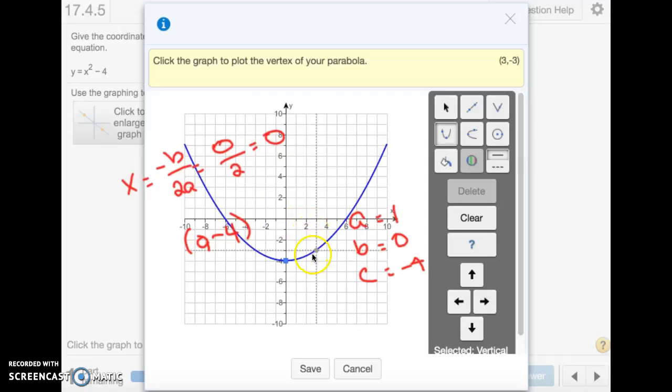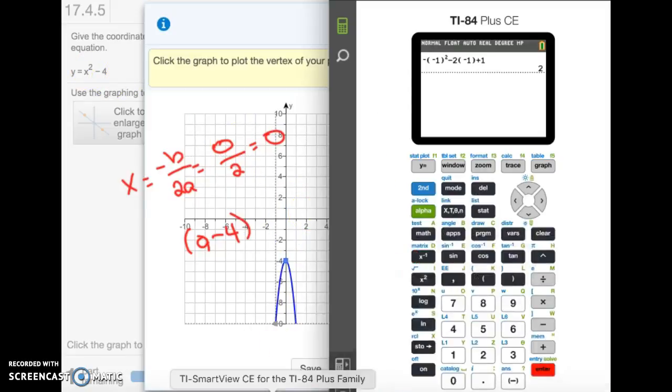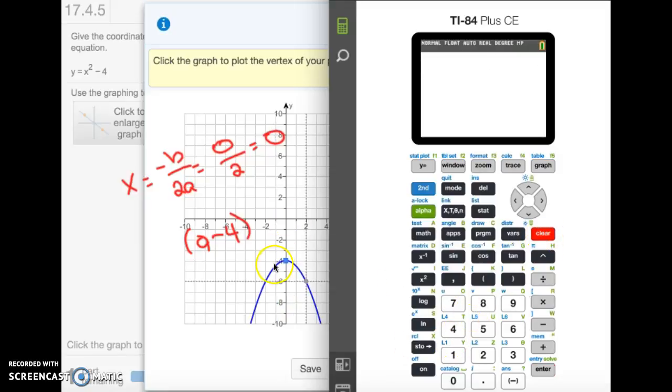To figure out where to put the second point, I need to plug another value into this original equation. Right? So I'm going to bring up my calculator, clear that out, and I'm going to just pick, since I have this x value of 0, I'm just going to go over one spot and try and figure out where that is.